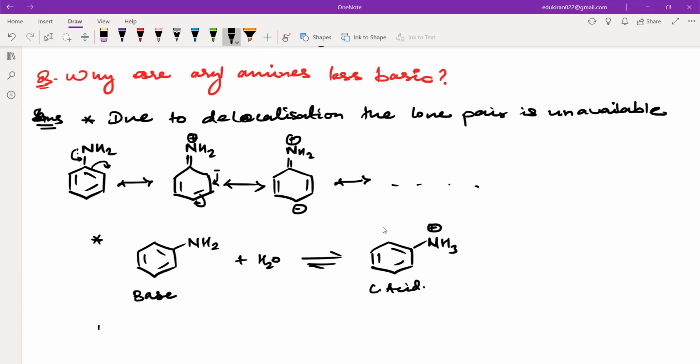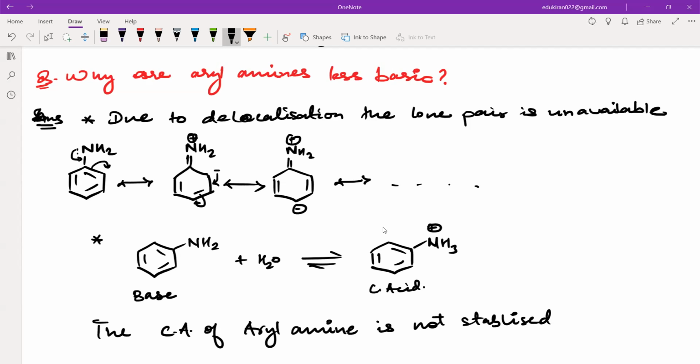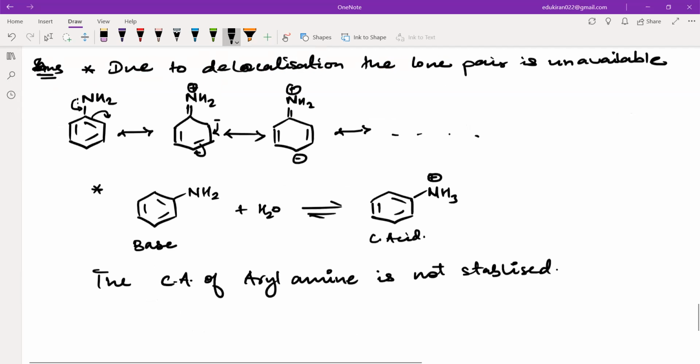So the conjugate acid of arylamine is not stabilized. It is not going to stabilize. Why?